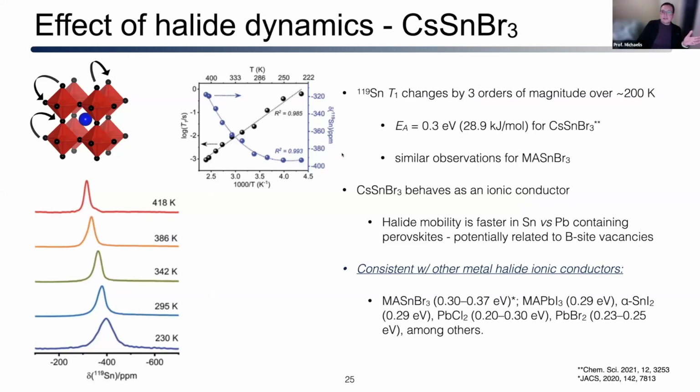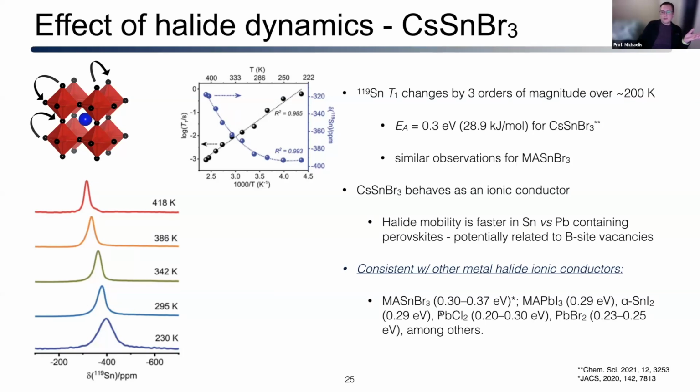And in this case, for the cesium tin bromide, we see an activation energy of about 0.3 eV. Subsequently, about a year earlier, Kubicki and Emsley looked at this methyl ammonium tin bromide series and saw a very similar effect in their case as well.